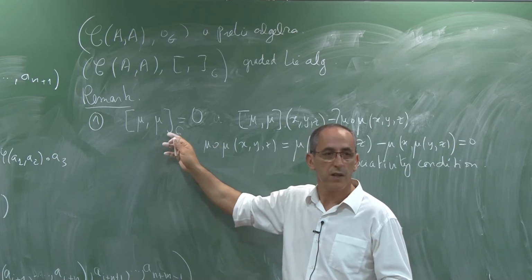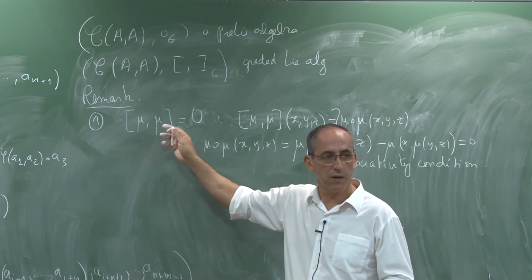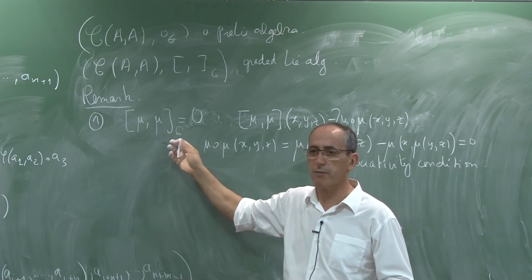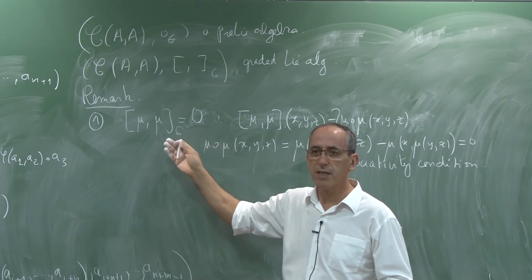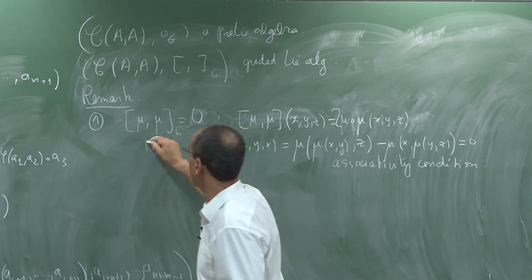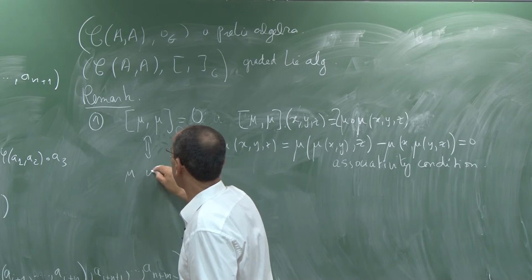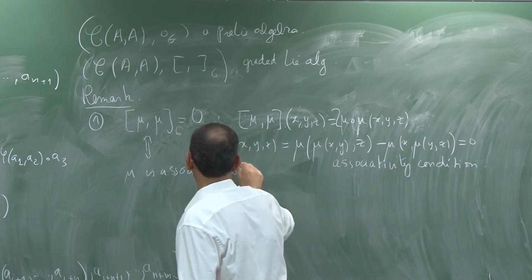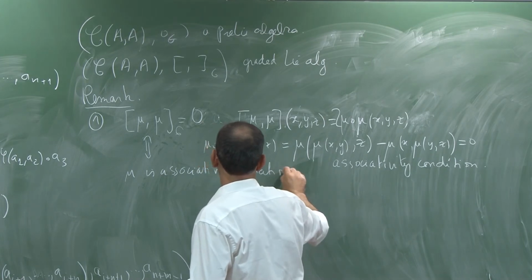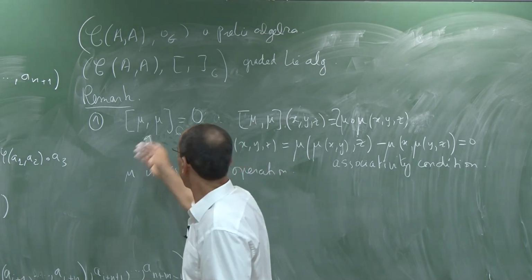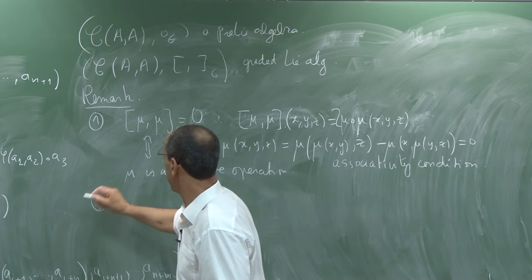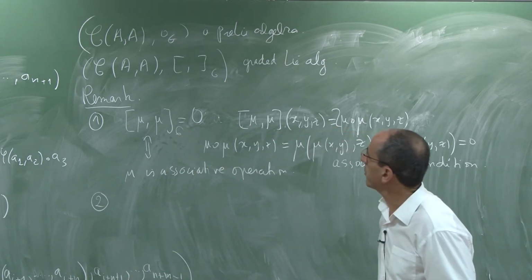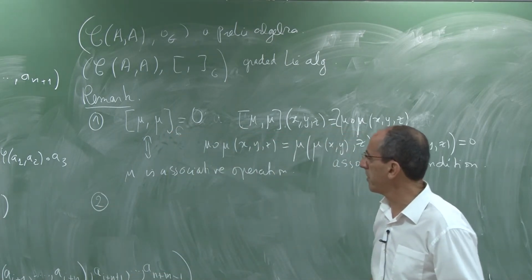You consider the bracket of mu, mu. If this is 0, this means that mu is associative. This is equivalent to saying that mu is an associative operation. And this is one of the observations.